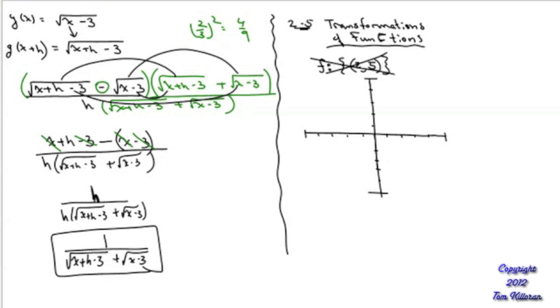It won't be a huge graph, it'll just be a little baby graph, and this baby graph has a few points on it and some line segments. So this is my graph f of x. It starts at 0, 0, it goes up to 2, 2, comes back down to 4, 0.